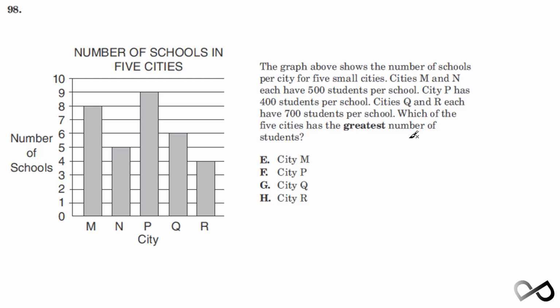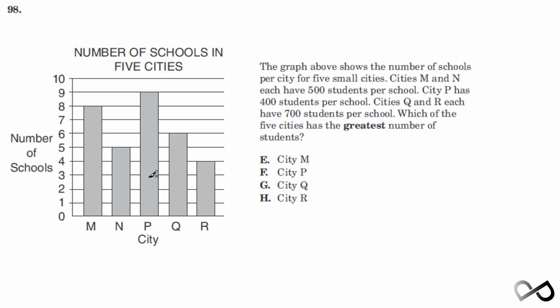Cities M and N each have 500 students per school, and city P has 400 students per school. City Q and R each have 700 students per school. Which of the 5 cities has the greatest number of students?